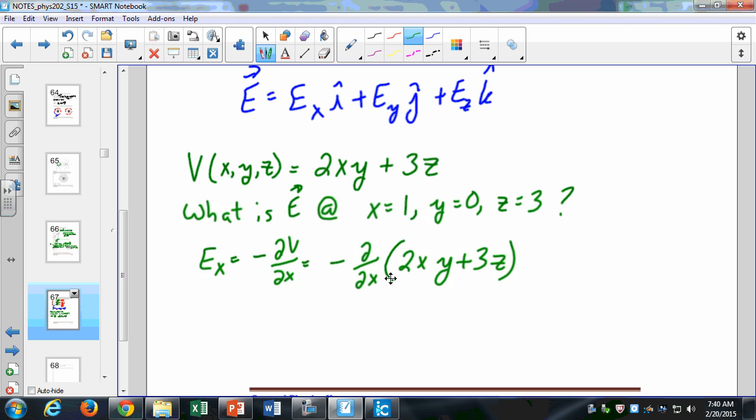If I take the derivative of this first part with respect to x, it's just going to be 2y plus 0. Here the 3z term is just a constant in terms of x, so the derivative of this is 0. So I'm just going to have 2y, so it's going to be negative 2y.